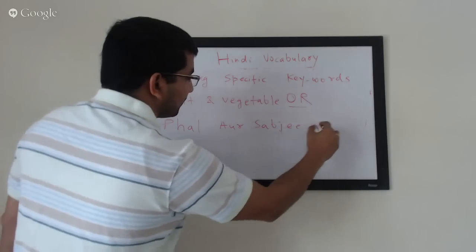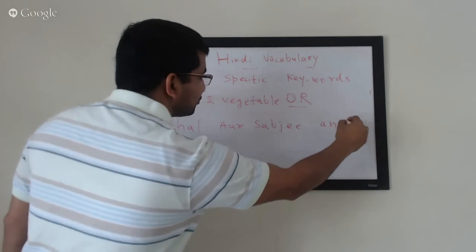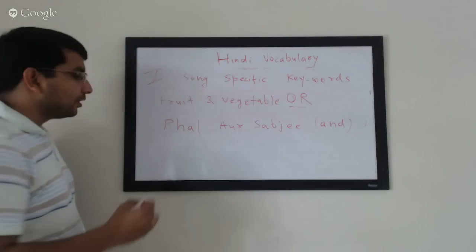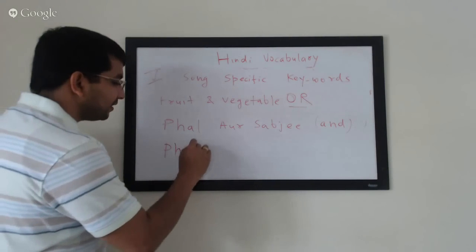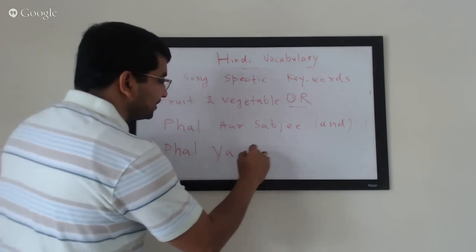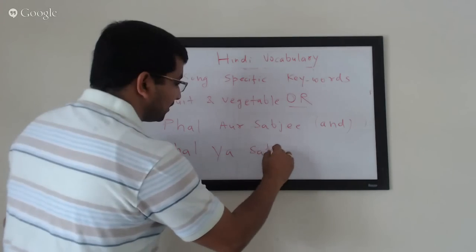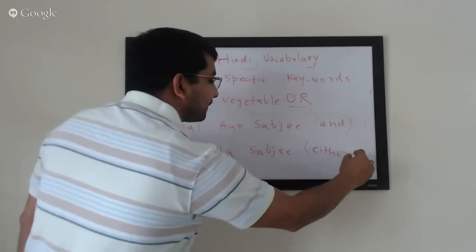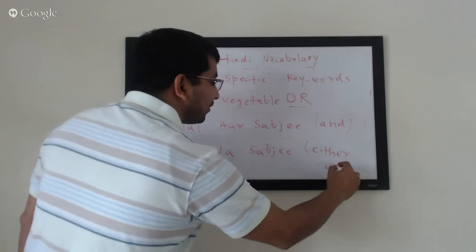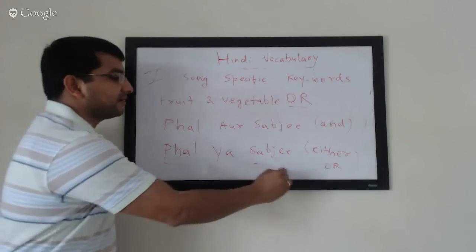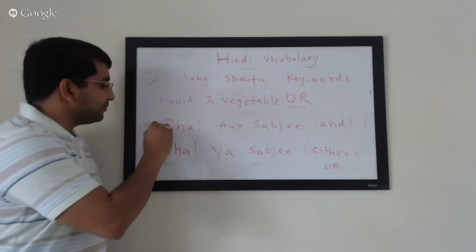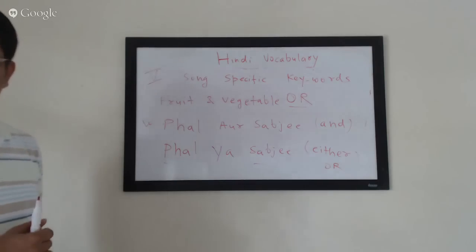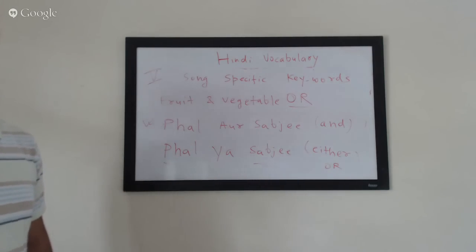If the doctor is saying that, it means you should eat both of them. However, if they're telling you fal ya sabji, that means either eat one or the other, either-or. So don't eat both of them, either this or that. In the other case, you should eat both of them. So it's an important difference, and I think it's good to remember it as well.